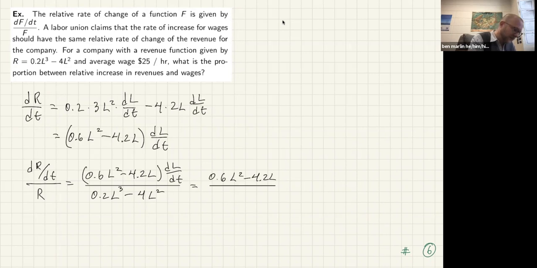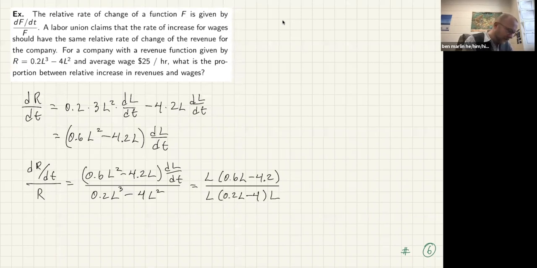Sorry folks, I am going to try to make this nicer. So you can take an L out of the top and have a 0.6 L minus 4.2 left. Out of the bottom, you can take an L from that and another L, which I'm going to mysteriously leave separate for a moment, and have 0.2 L minus 4. So basically, I just factored out an L squared there.